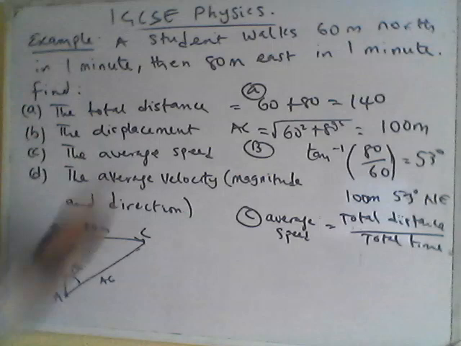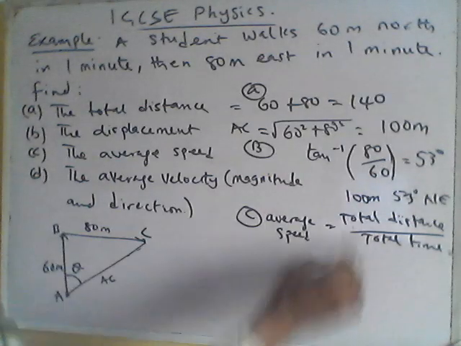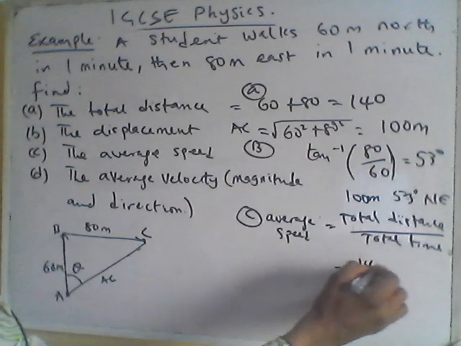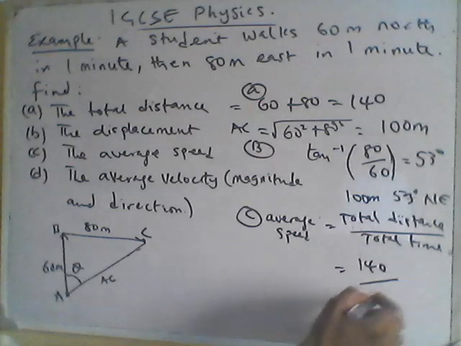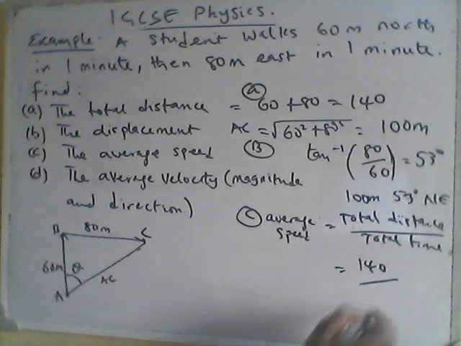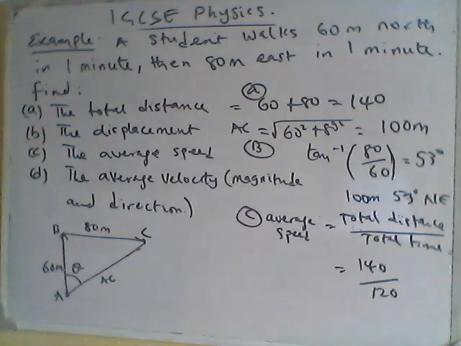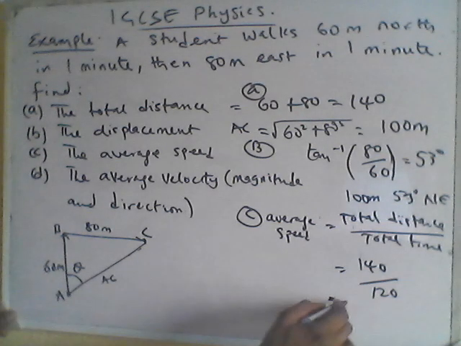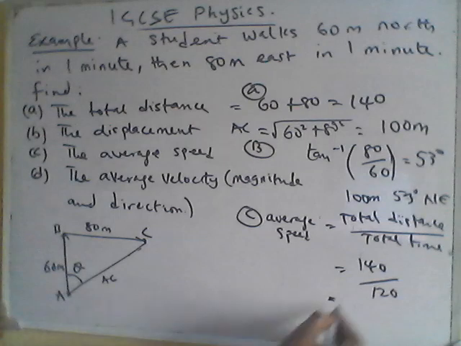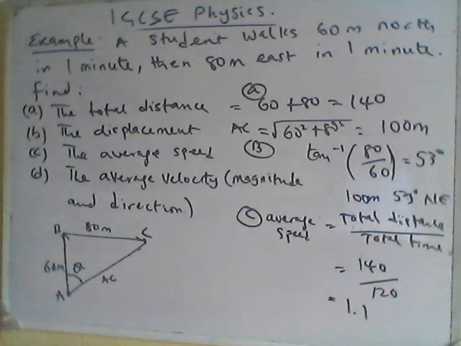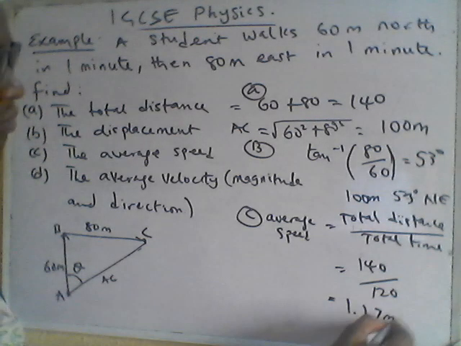Total distance is 140, right? That is regardless of the direction. 140 all over total time, which is 2 minutes, or 120 seconds. So the average speed is equal to 1.17 meters per second.